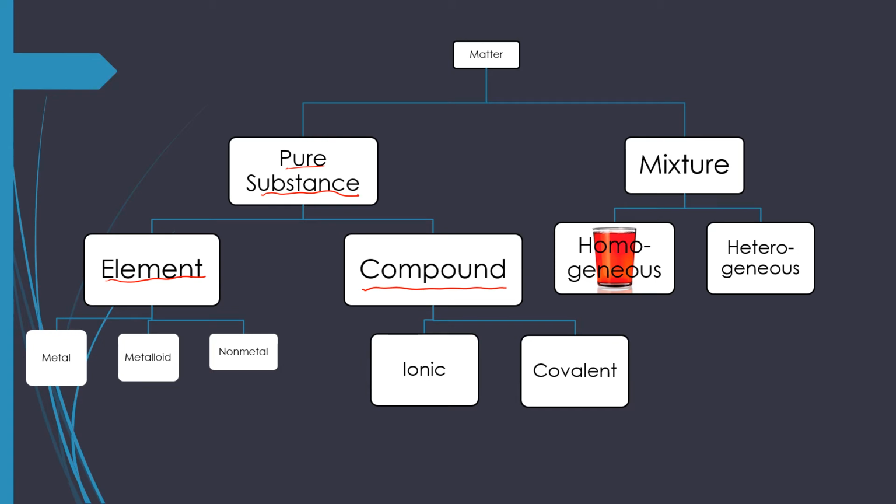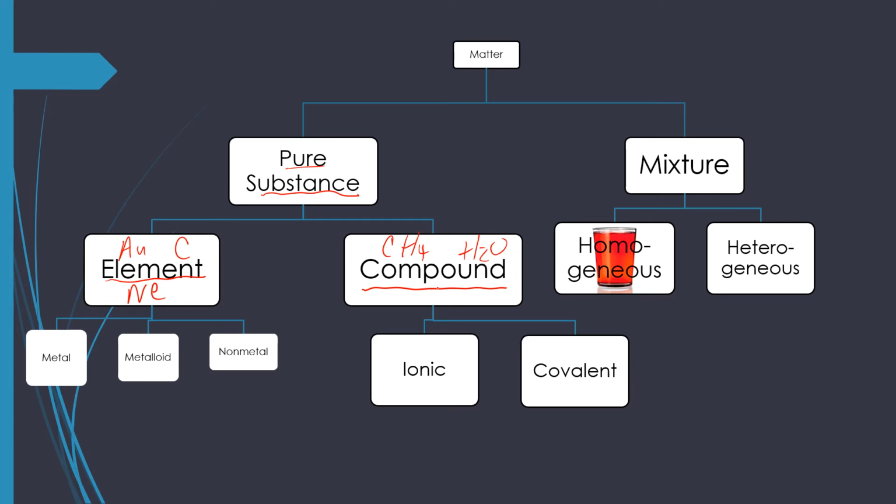Examples of elements would be gold, Au, carbon, C, and neon, Ne. Compounds would be something like methane gas, CH4, which has carbon and hydrogen, or water, H2O, hydrogen and oxygen together, always in the same ratio. So compounds always have elements in the same ratio, whereas elements are just elements right off the periodic table.